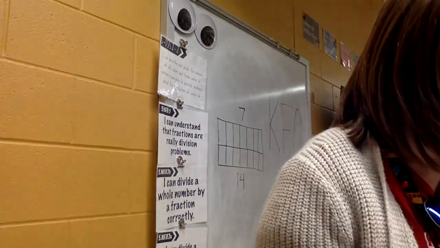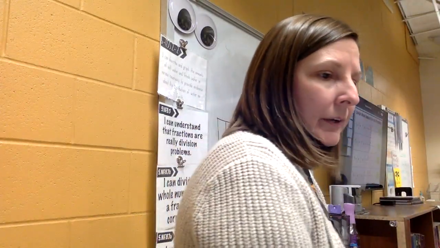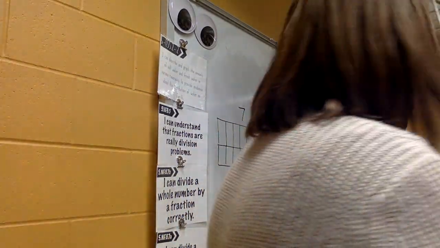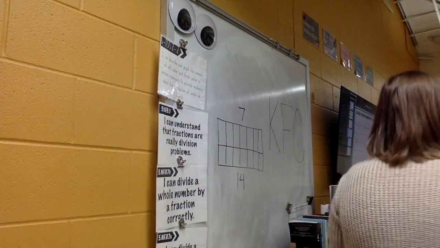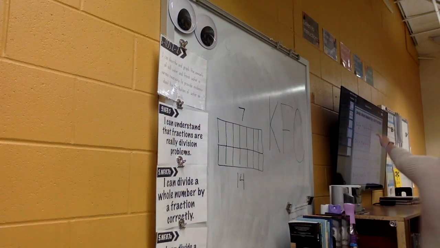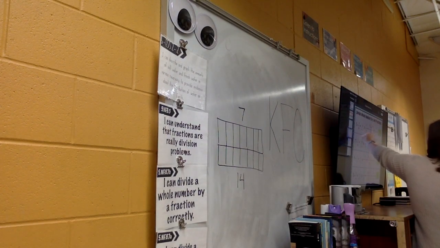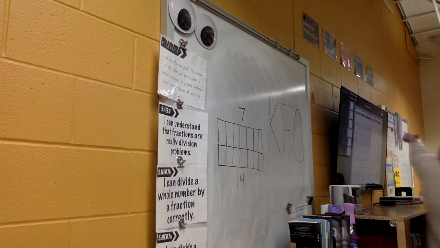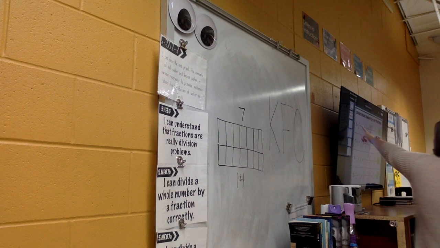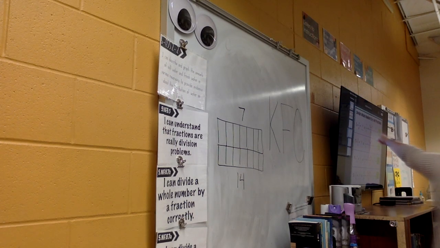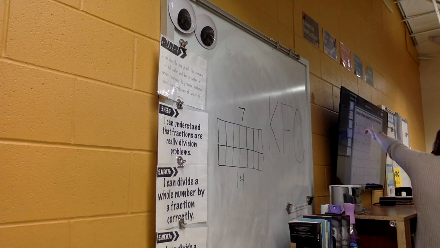Now, this one, we're KFCing it is all you're doing. Except on this one, they don't change this, but I want you to change it into a fraction. Before you ever start, change your first one into a fraction. So, you keep the first number, flip the second number.